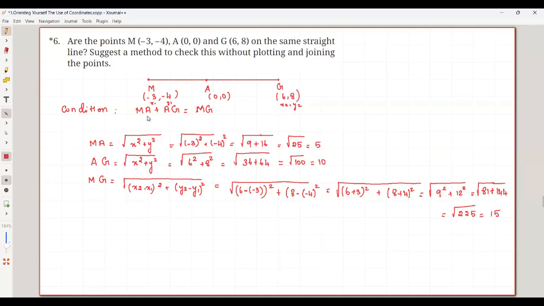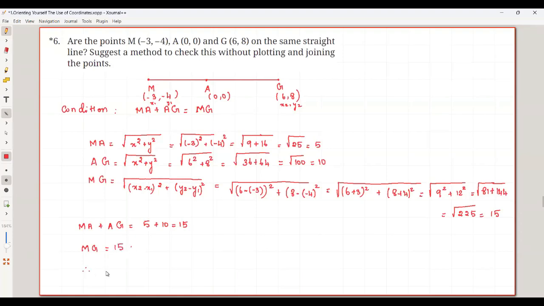Now the condition: check MA plus AG. MA plus AG means 5 plus 10, which is equal to 15. Now MG is also coming as 15.